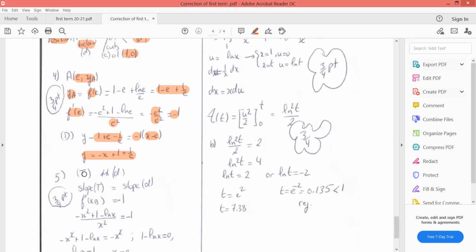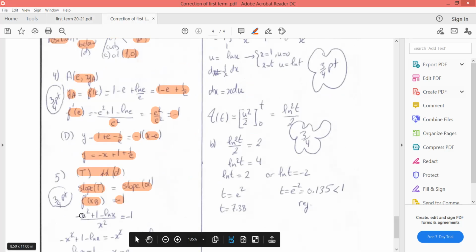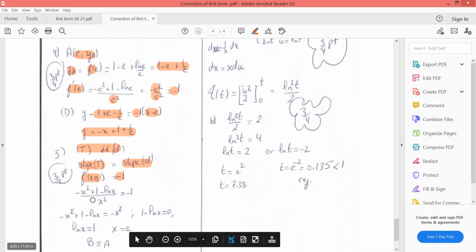So the tangent is parallel to D, the slope of the tangent equals the slope of D. The slope of the tangent is f prime x, and the slope of D is minus 1. F prime x we have calculated: minus x squared plus 1 minus ln x over x squared equals minus 1. By cross multiplying, we get minus x squared plus 1 minus ln x.